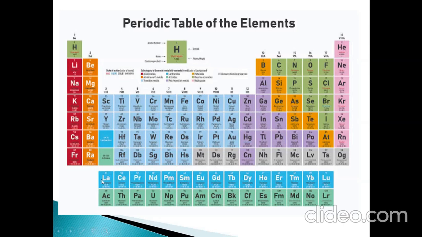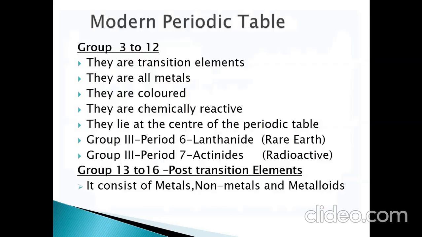It also consists of the lanthanoids and actinides series. Lanthanoids are in group 3 and actinides in group 3. Lanthanides are present in period 6 and actinides in period 7, and these are called inner transition elements.